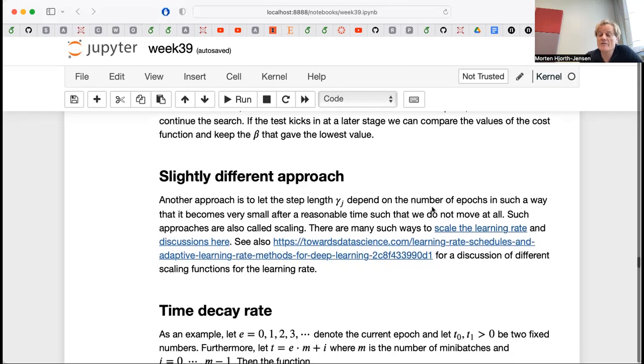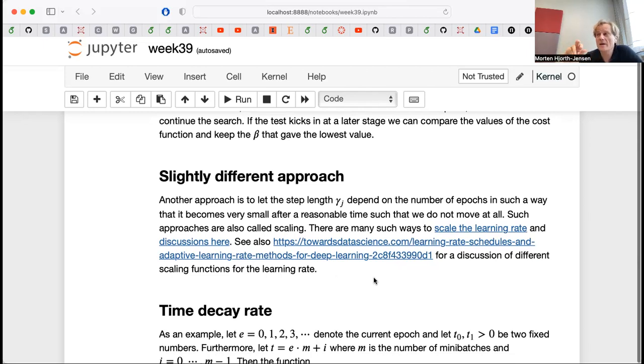But in the meantime, I just invite you to take a look at some of these articles here, on how to set up learning rate schedules and adaptive learning rate methods for deep learning. So this is an active research field, and in many cases, you cannot a priori say whether this learning rate schedule functions better than another one.